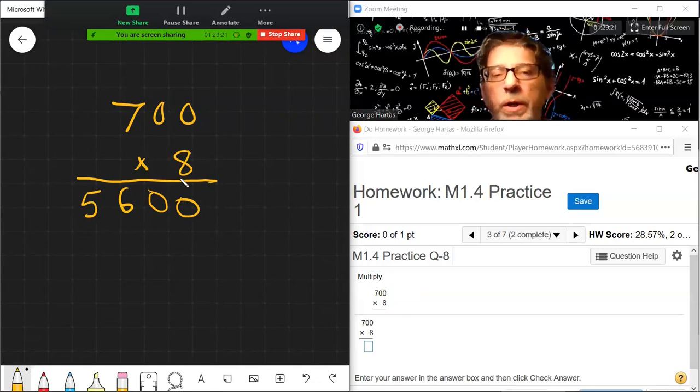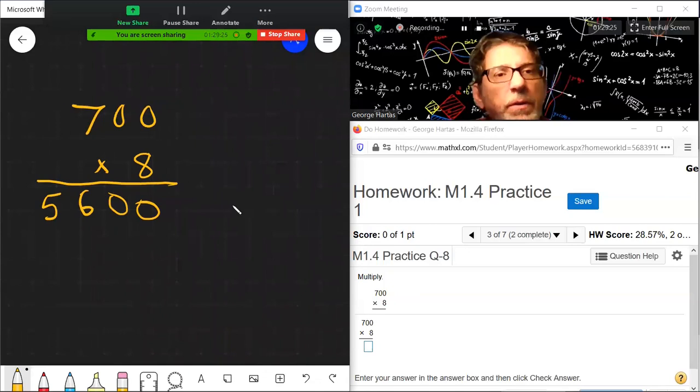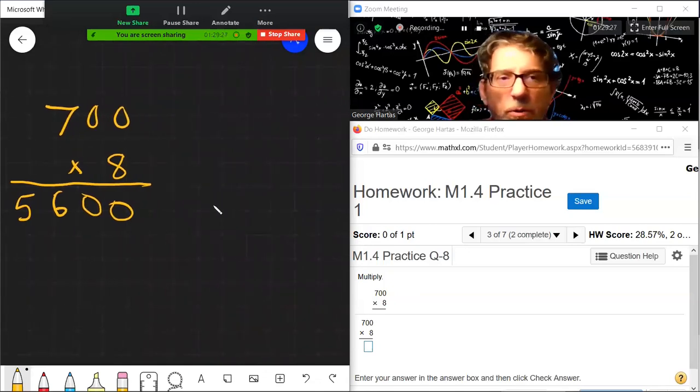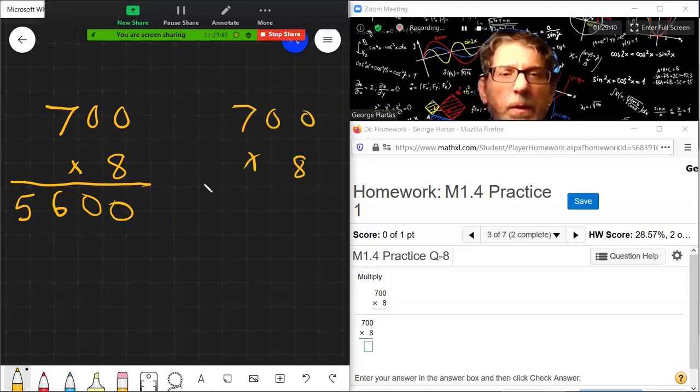Okay, so that's one way to do it. An easier way to do it is this. Whenever you have zeros at the end of either the top number or the bottom number, simply bring the zeros down. I see that I have 2 zeros to the right of this number.